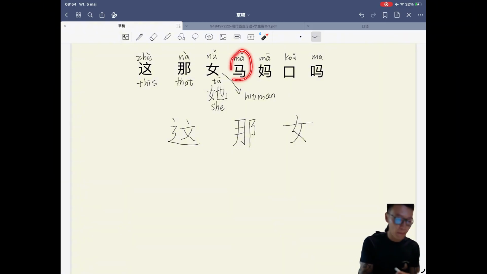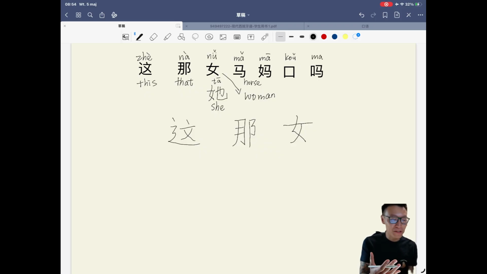This one. 马. Ma means horse. So you might have a question. Why are we learning how to write horse in lesson 3? You will figure it out in a moment. But first, let's write ma together.